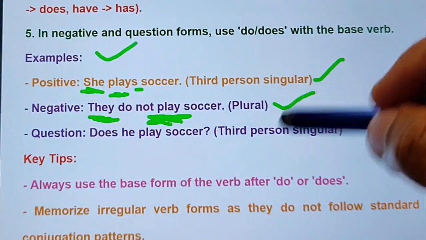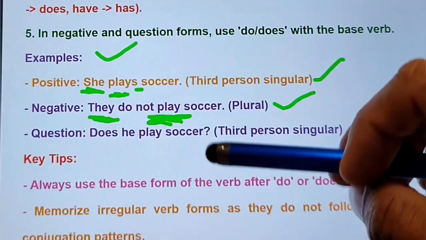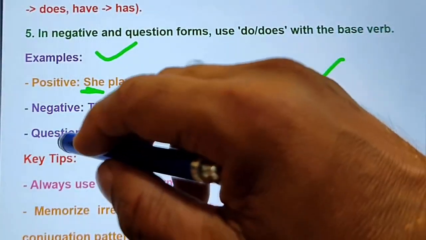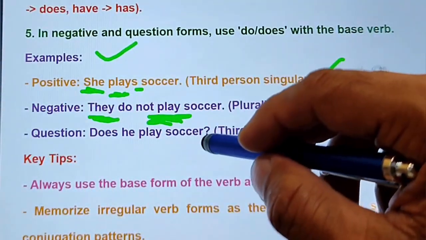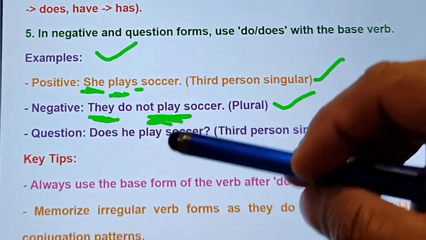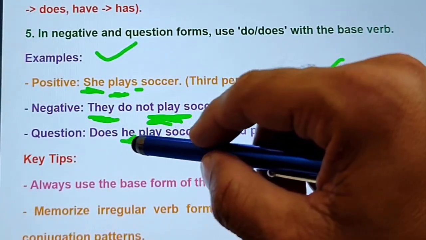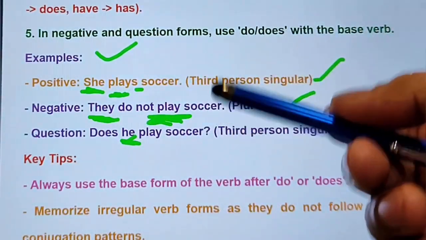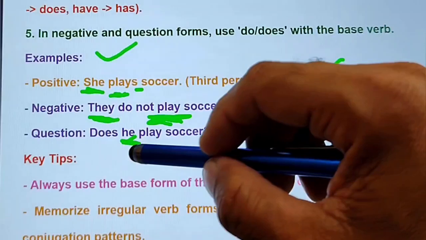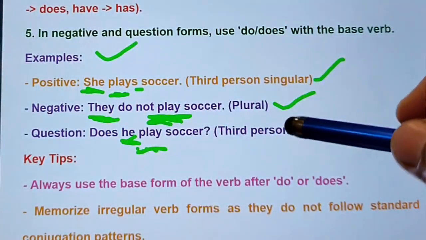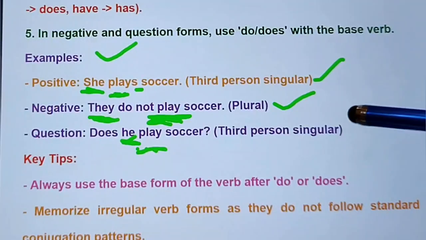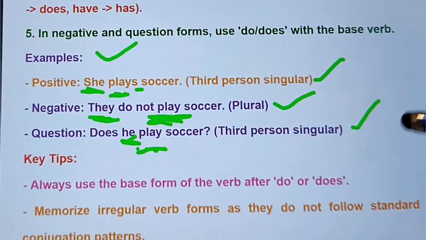And next example here is interrogative, the question form of the sentence. Does he play soccer? He here is third person singular, and with the third person singular we use the base form as it is, and the sentence is like this, does he play soccer?